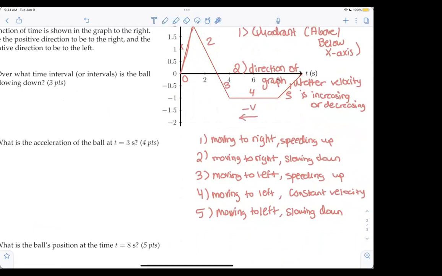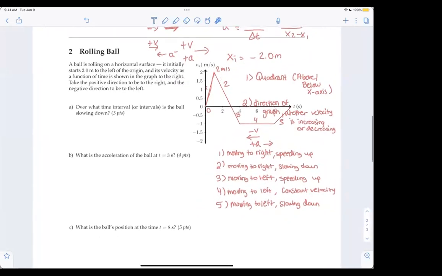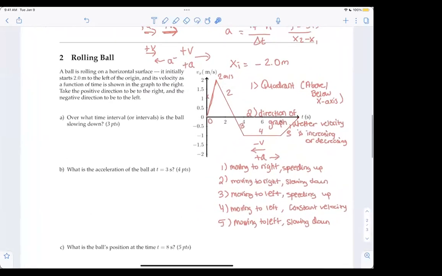But then the slope is positive. If the slope is positive, acceleration is positive. So I'm trying to move to the left, and the acceleration is pushing me in the opposite direction, therefore slowing me down. Think of it as two colliding forces. I always find that to be the best way to think about velocity and acceleration and interpret these graphs.